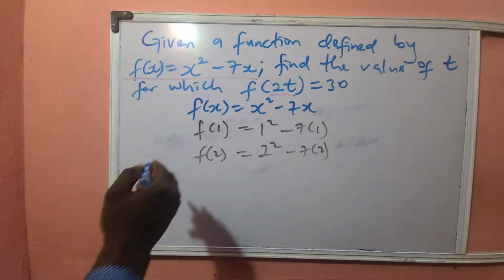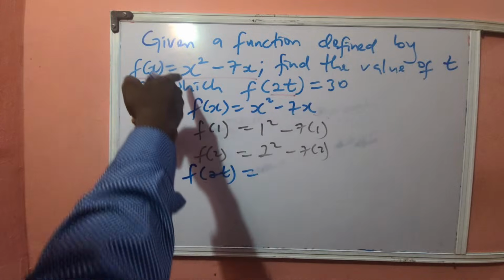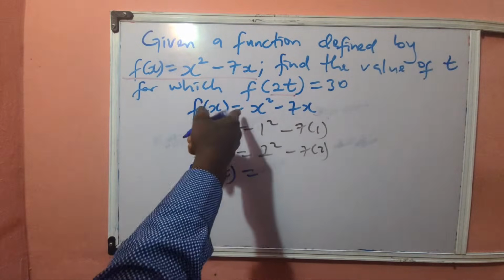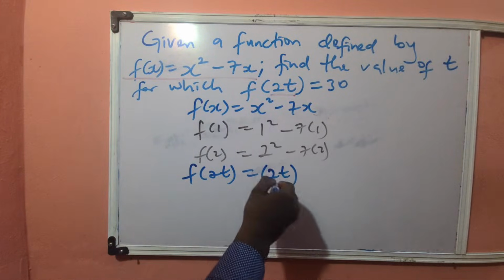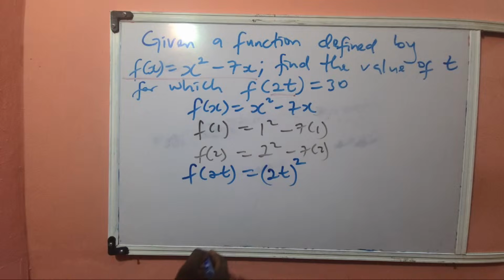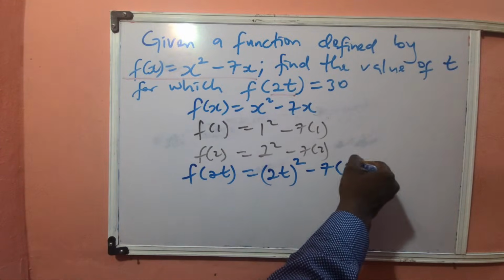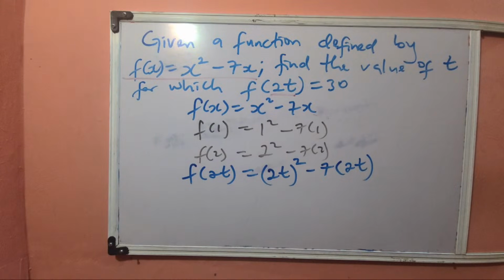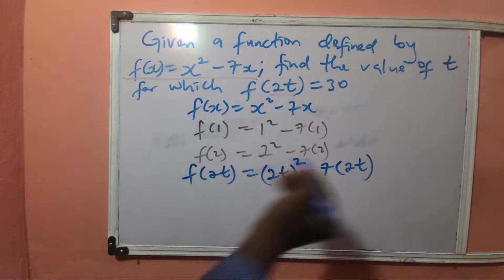Well, we act like we are finding f of 2t, and that will obviously be replacing wherever you see x with 2t. That will be 2t, don't forget to use your brackets, all raised to the power of 2, minus 7 into 2t. Now, you are told that f of 2t gives you a value of 30.